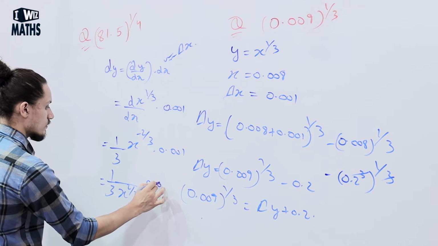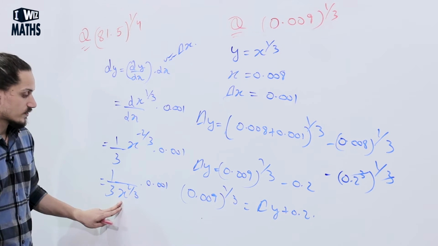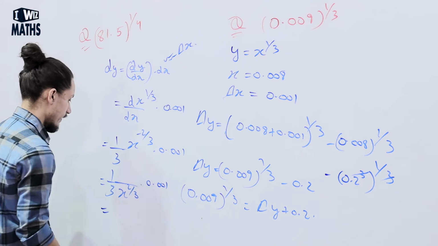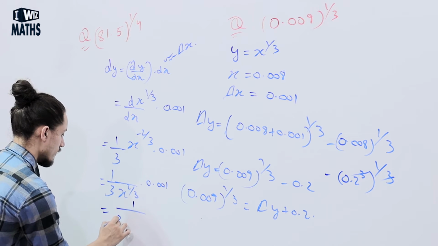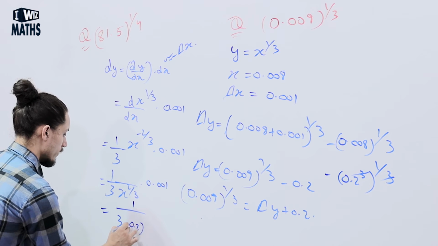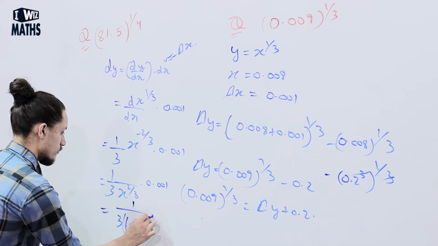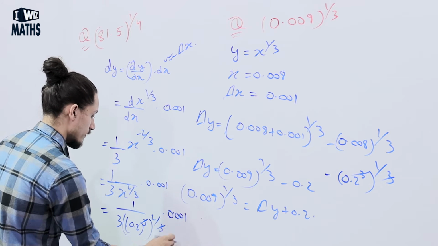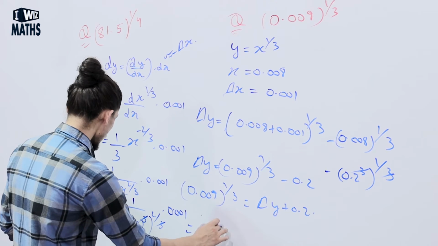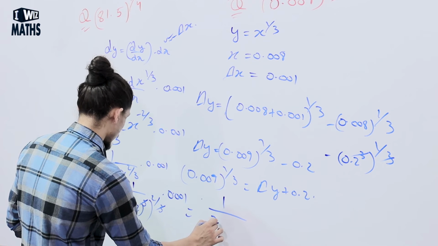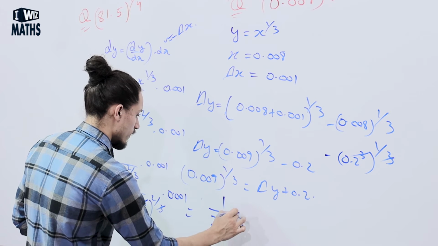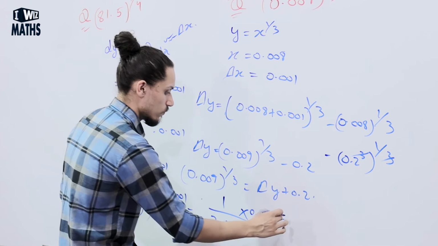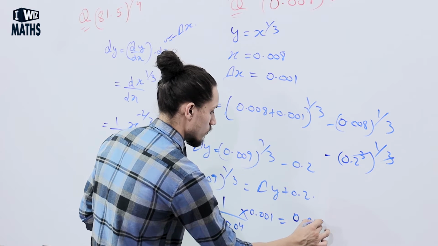Now we have x raised to power 2 by 3, and the value of x is 0.008, so I can write it as 1/3 into (0.2 raised to power 3) raised to power 2 by 3. The power 3 and the 3 cancel, into 0.001, which is equal to 1/3 into 0.04 into 0.001, which is equal to 0.008.